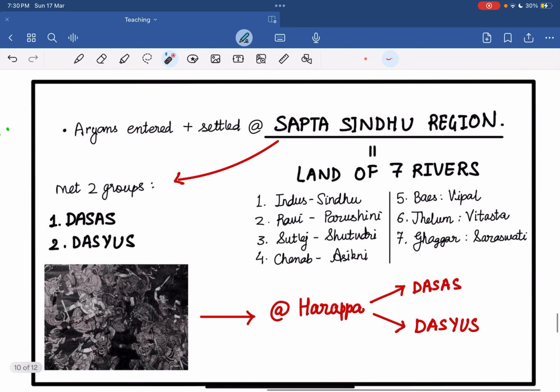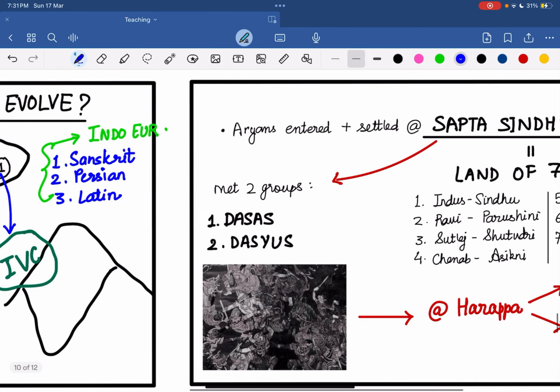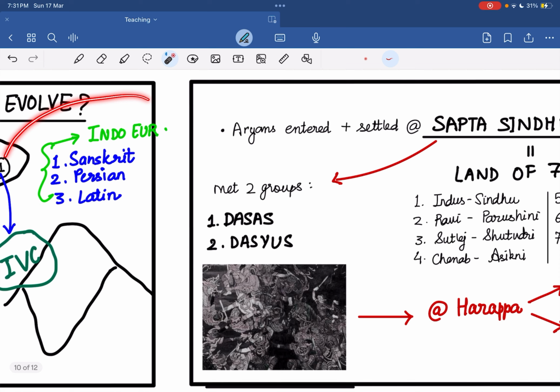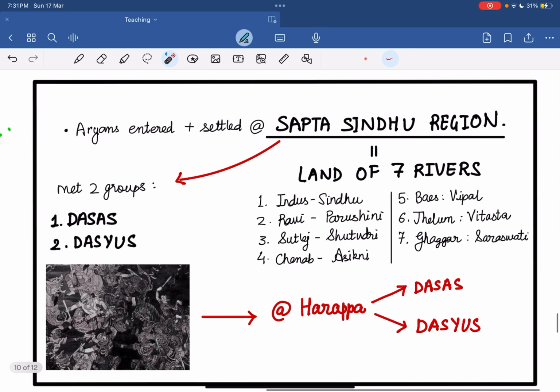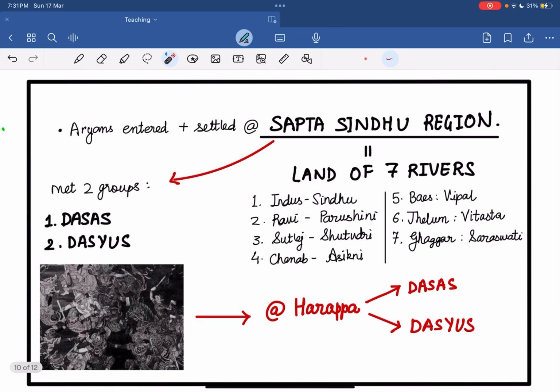Upon their arrival, they met two certain groups. They were dasas and dasyus. When we talk about dasas, who were the dasas? We know one thing for sure, that the Aryans have always been nomads. So even before the Rigvedic Aryans came, let's say even before group number 1 came and settled on the banks of the river Sapta Sindhu, even before them some Aryans must have entered India.